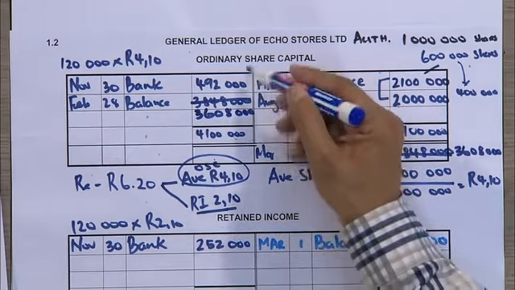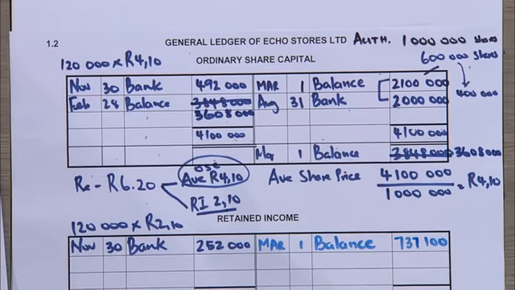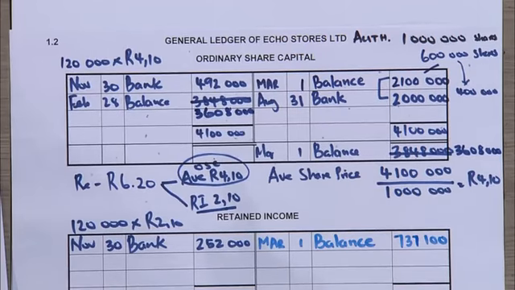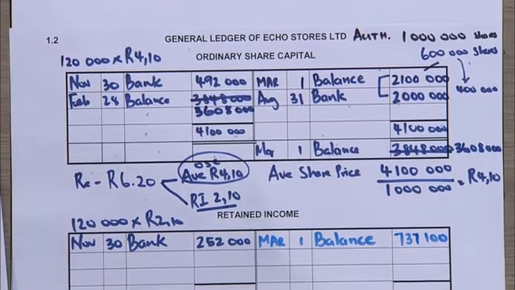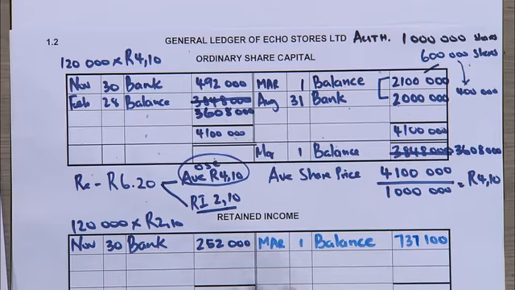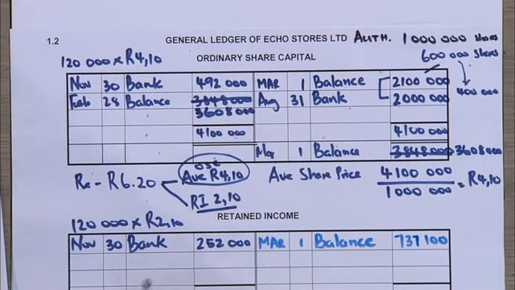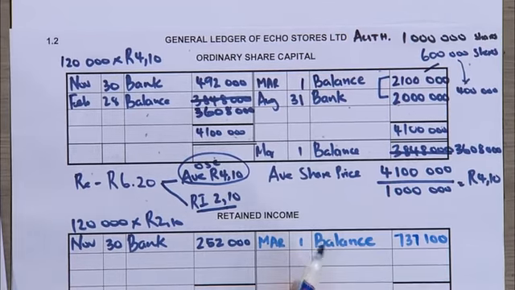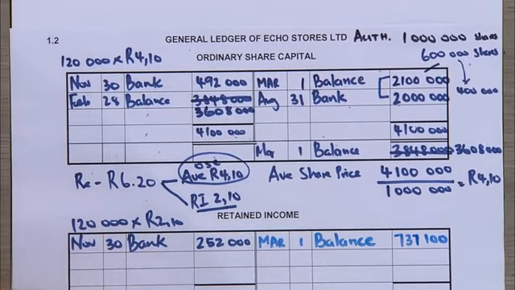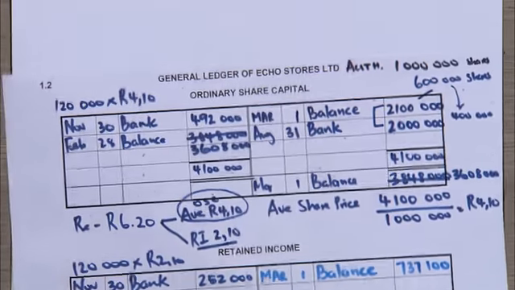Okay, just a calculating error on my side, I think. Thank you for that. Okay, then, so we're looking at the retained income, which will go in conjunction with the appropriation account. So we'll come back to this one. We just have to do the appropriation account, and then we should be okay.